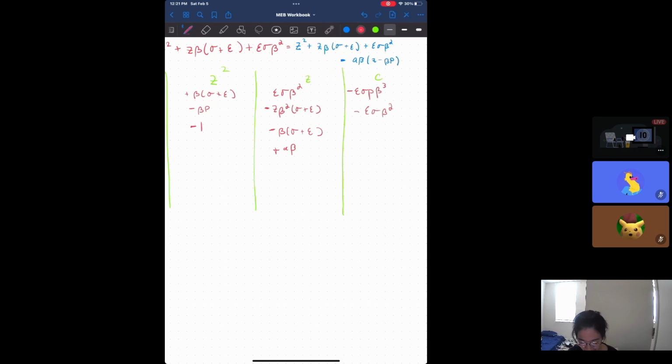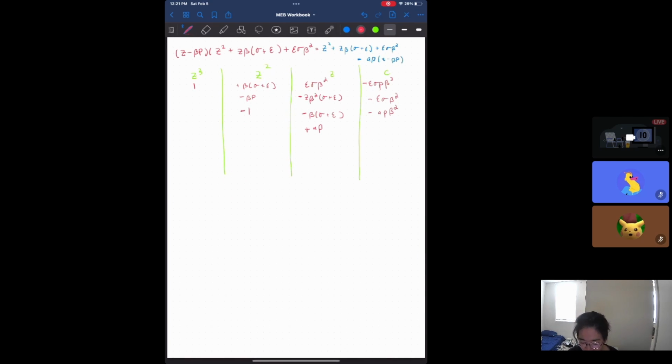Move it to the left-hand side of the equation, makes it negative, which then equates to negative A P beta squared. And there you have it.